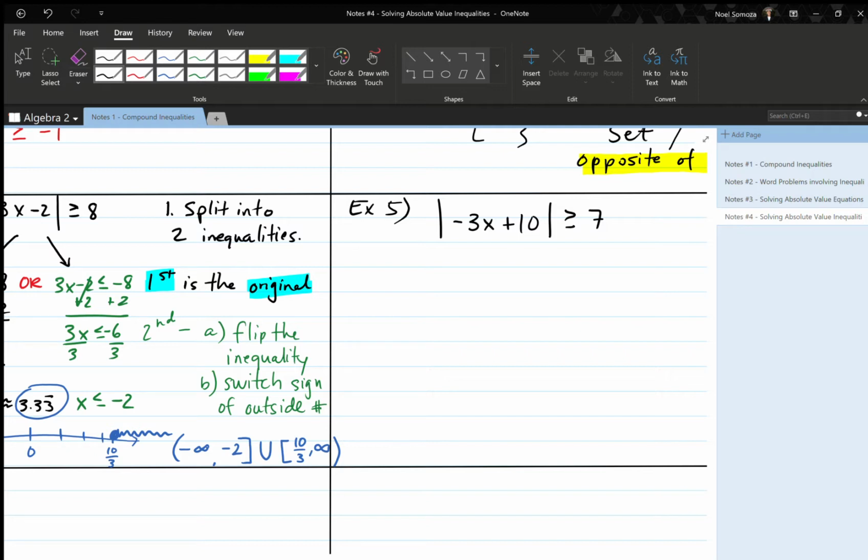What does the interval look like? Or you have the graph, but not here. Okay, I think everybody's got it.